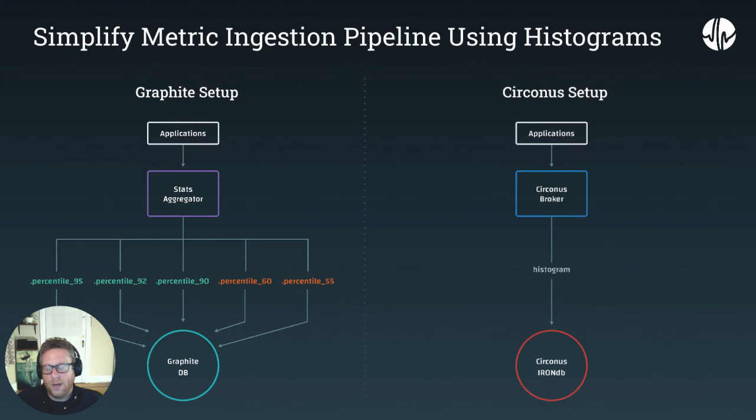And that's all without needing to manage or store any additional metrics or needing to reconfigure an aggregator or anything like that. You basically just collect histograms, just store the histograms, and then you will make on-demand aggregations through which to get the answers to those questions that you're looking for.